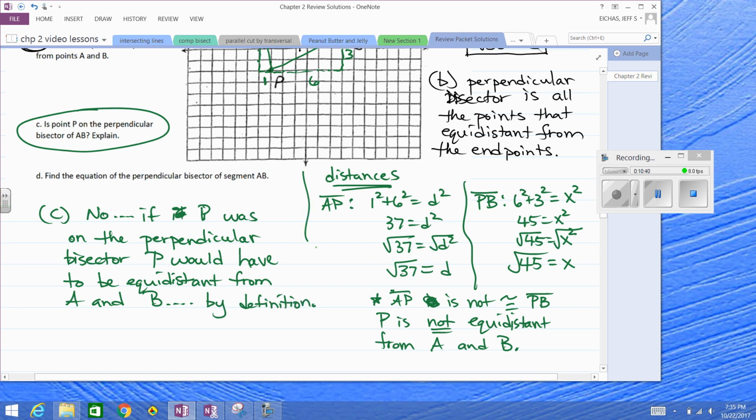A perpendicular bisector's definition is that it contains all the points that are equidistant from both endpoints, and it's not.